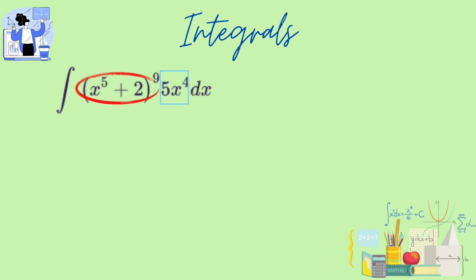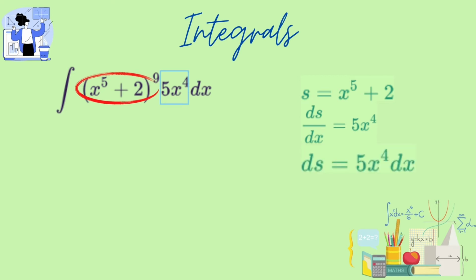With this observation, if we let x to the 5th plus 2 be equal to s, then applying implicit differentiation, the derivative of s with respect to x is equal to 5x to the 4th. Therefore, ds is equal to 5x to the 4th dx.